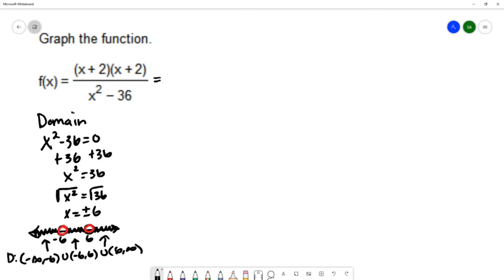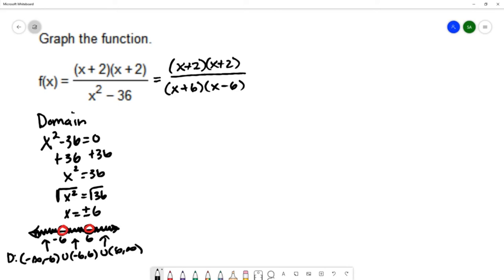So I write the numerator in factored form. This one happens to already be factored, x plus 2 times x plus 2. And our denominator is a difference of squares and can be factored. That's x plus 6 times x minus 6. Once we write it in factored form, we're going to be looking for common factors between the numerator and denominator.